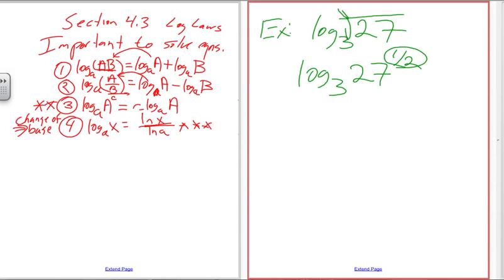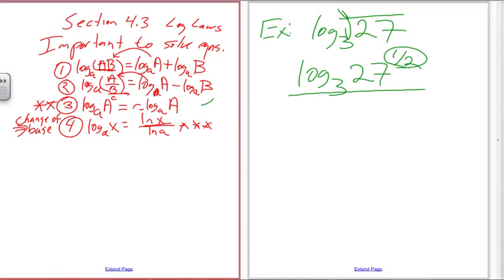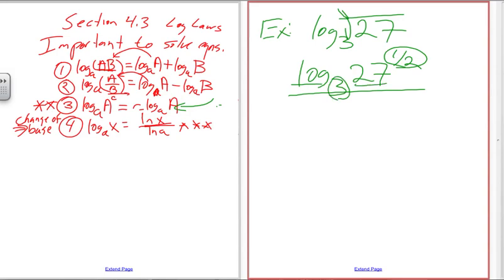So now we can come back in. I've got something like this, and if you look, it looks like number 3. I've got log, there's my little a, there's capital A, and this is C. So I plug it back in here.